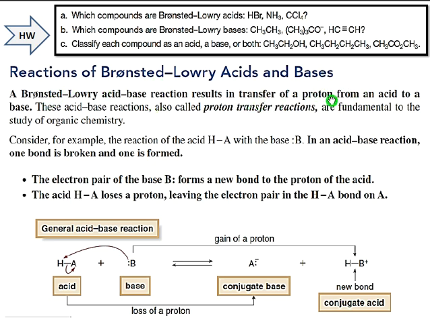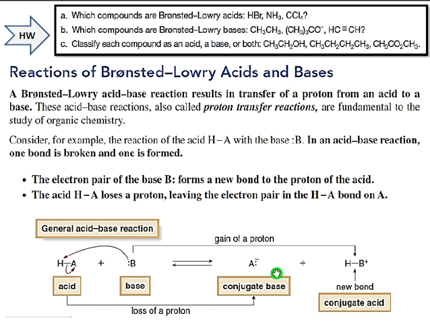That means we have transfer of a proton from acid to base. This acid-base reaction is also called a proton transfer reaction. Look at this reaction: the proton will be transferred from this to this. That means this is an acid-base reaction or proton transfer reaction.